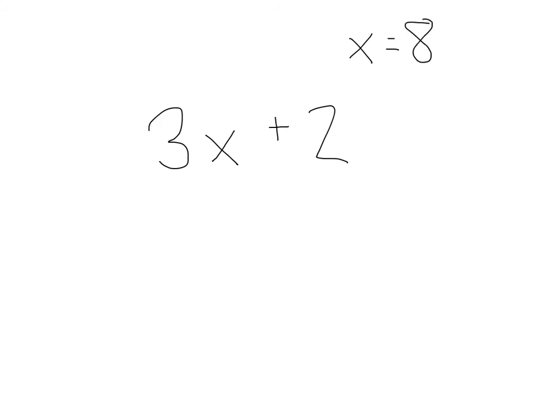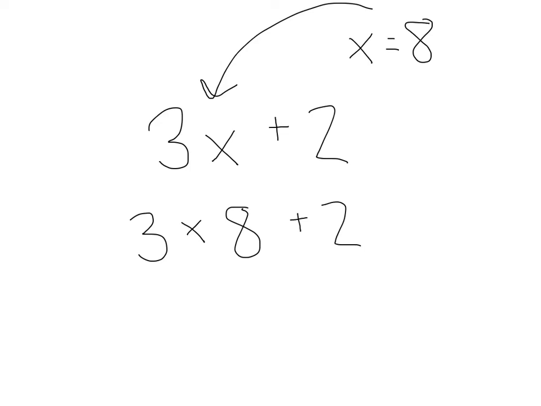Well, once again, this 8 will go in the place of x. 3x together is a multiplication problem, so we're going to be doing 3 times 8, and then adding 2 to that answer. So I know 3 times 8 is 24, and 24 plus 2 gives us an answer of 26.